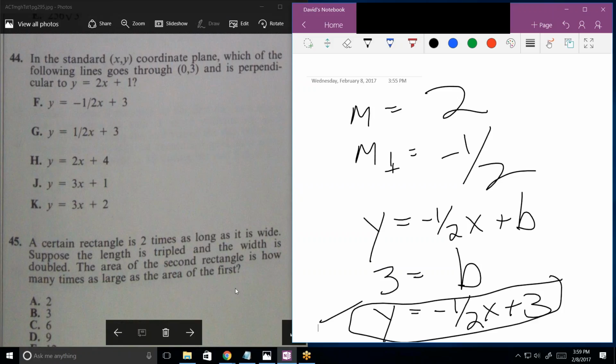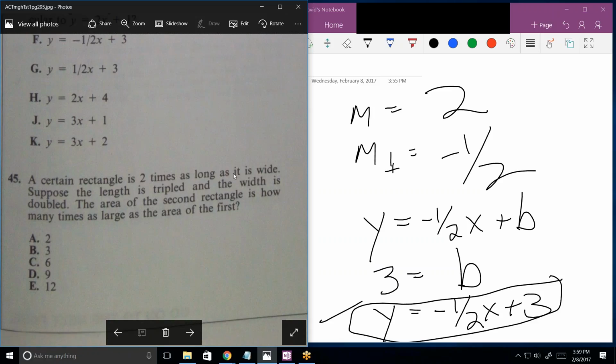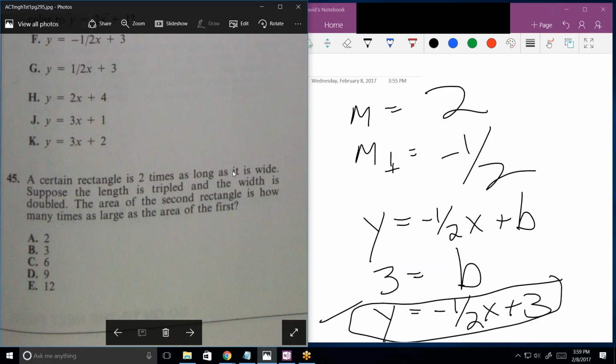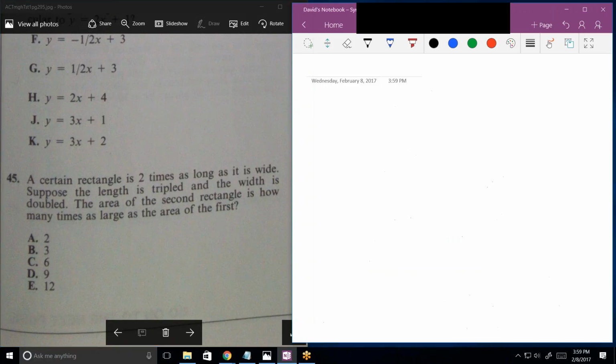So the message I'm trying to get across is always look at the answers, because they might shorten the time you have to work on that problem just by only giving you one answer that can be right.